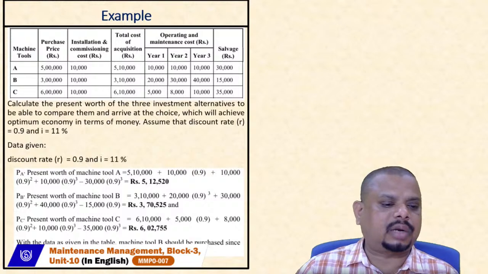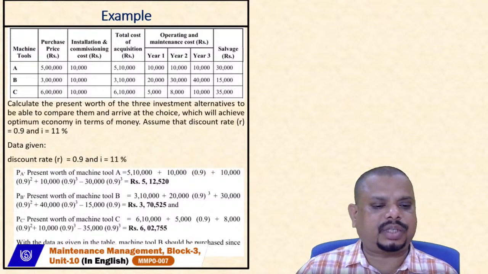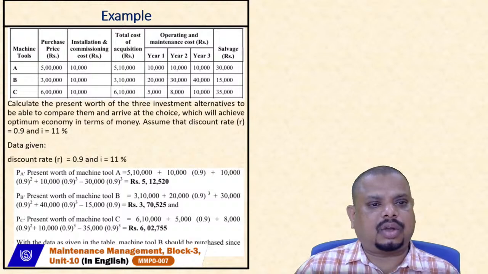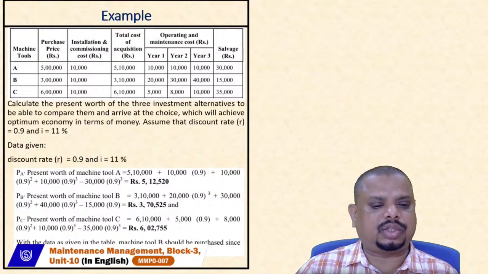Similarly, if you go for calculation of the present worth of machine tool C, we have total cost of acquisition as 6,10,000 plus 5,000 into 0.9, that is the discount rate given.